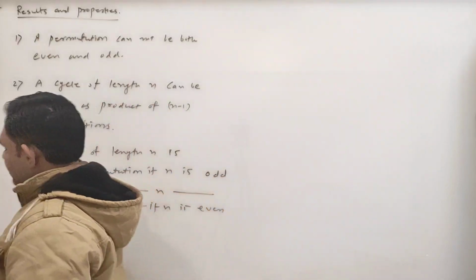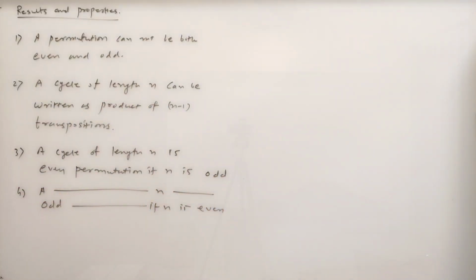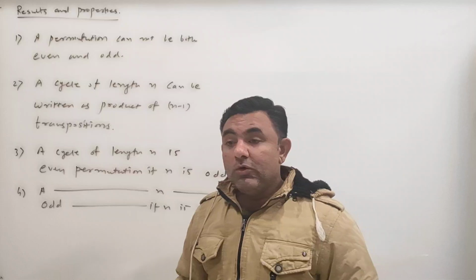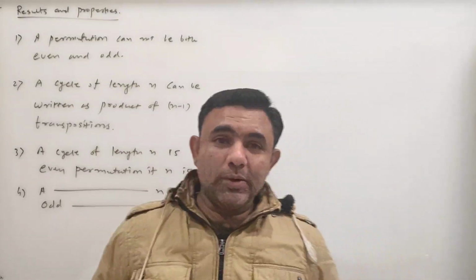Okay, so this is the result number 4. Now there is a natural question: what about the identity? ये जो हमारा आइडेंटिटी है वो इवन परम्यूटेशन है या ऑड परम्यूटेशन है?